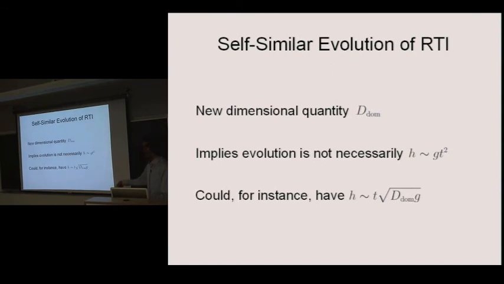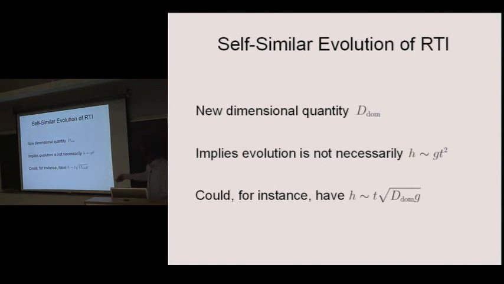Now in my simulations, I showed you this animation, and you saw that the size of the bubbles actually increases with time. When the size of a bubble increases, its terminal velocity should also increase, and that's why people normally think that h should go as t squared.